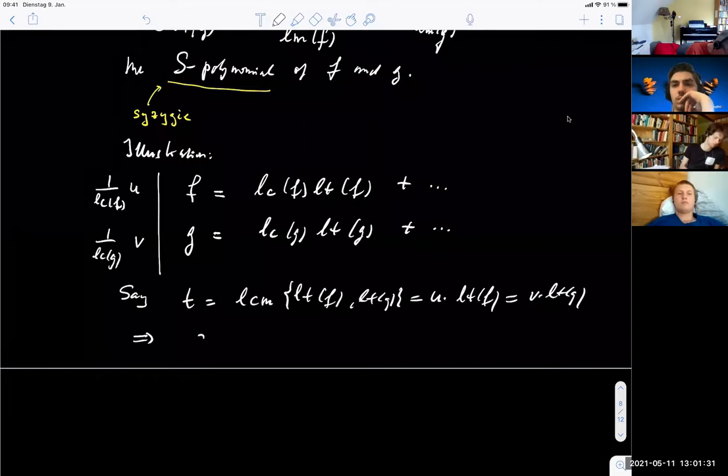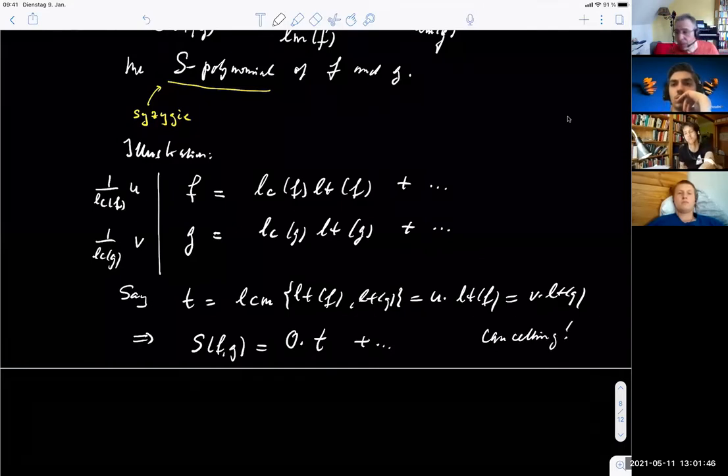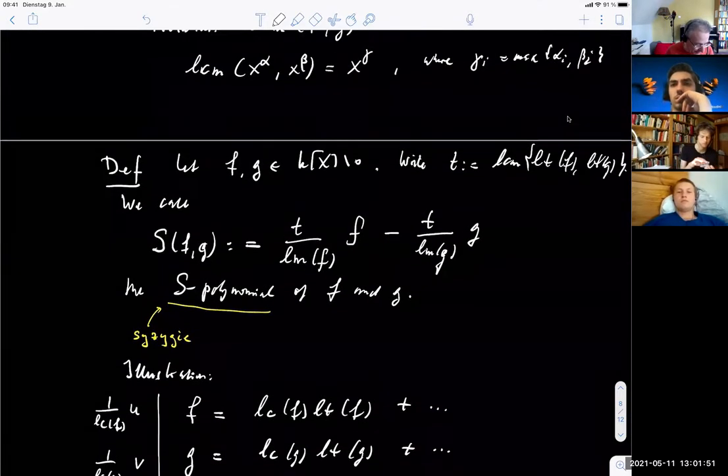So I see my S polynomial, maybe 0 times T if you want. So I have canceling. This just explains why I make this definition.